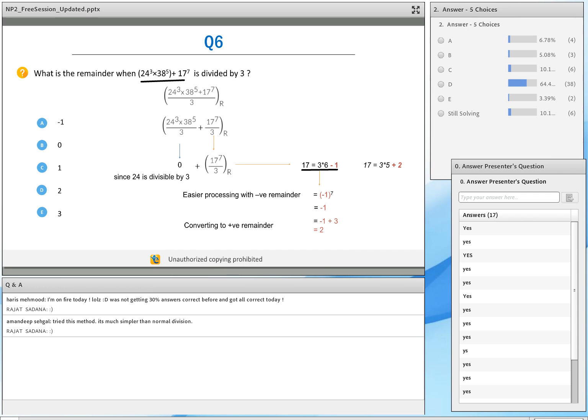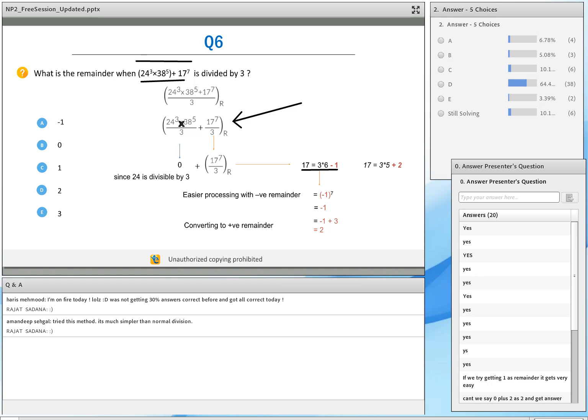What's given to us is you have to find the remainder of the sum of two numbers. And what we know is the remainder of a sum of two numbers is the sum of their remainders, which is the concept that we use over here. For this particular number, the remainder is 0. Why? Because 24 is completely divisible by 3. So we have to find the remainder of 17 to the power 7 by 3.